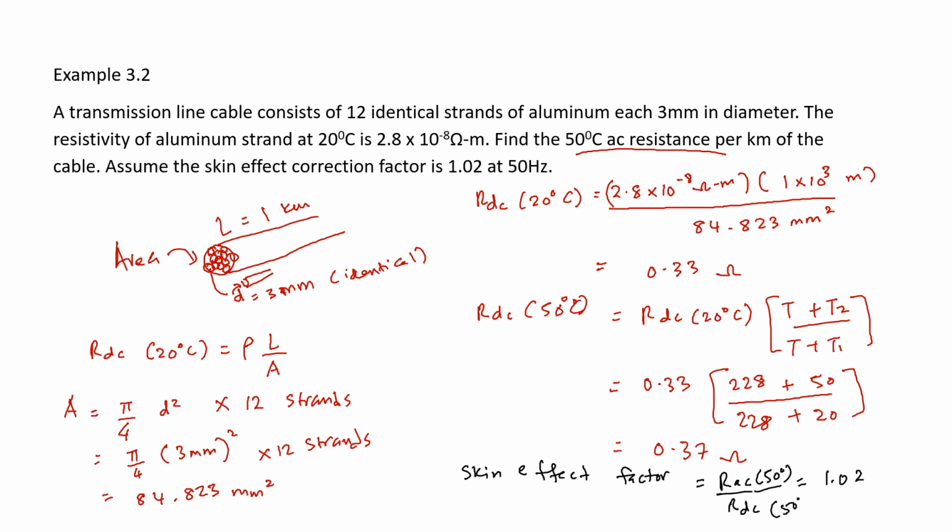This is also at 50 degrees Celsius. So RAC at 50 degrees Celsius is equal to 1.02 multiplied by 0.37 ohm. So we get the AC resistance at 50 degrees Celsius due to the skin effect is 0.3773 ohm.